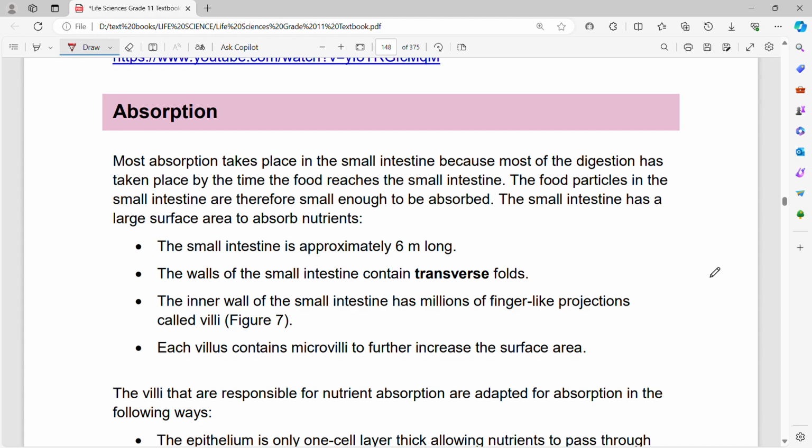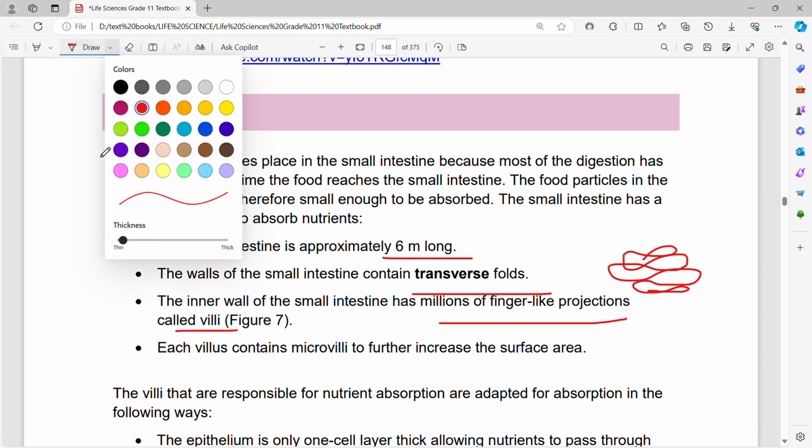So the things you need to know about your small intestine to understand the process of absorption is that your small intestine is approximately 6 meters long. The wall of the small intestine contains transverse folds. So these folds, like this, like this, like this, will be present in the small intestine. The inner wall of the small intestine will have finger-like projections called villi.